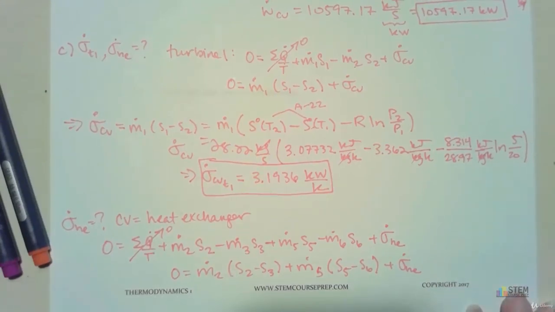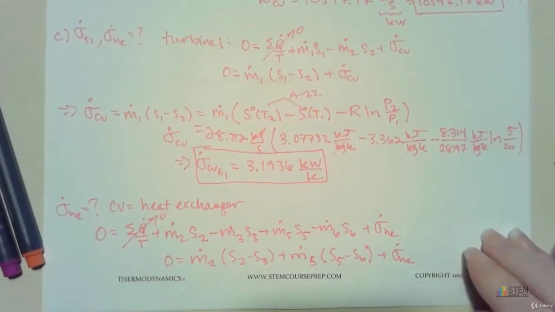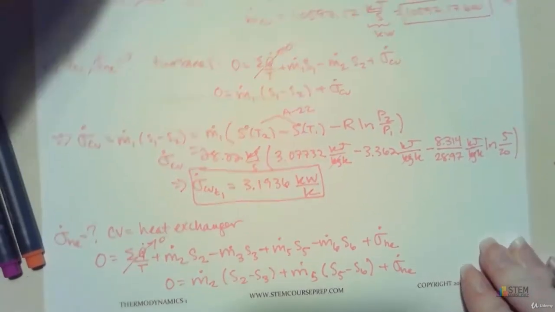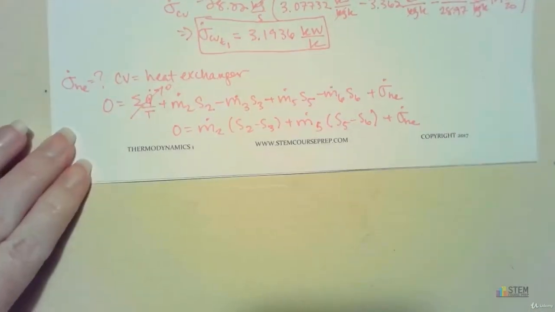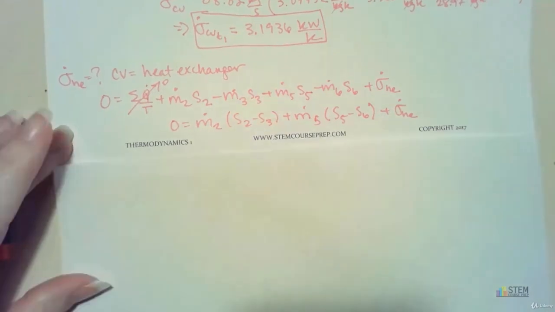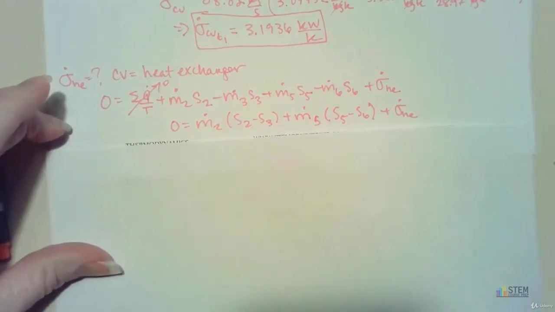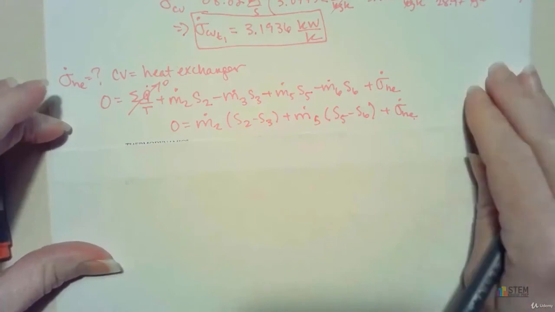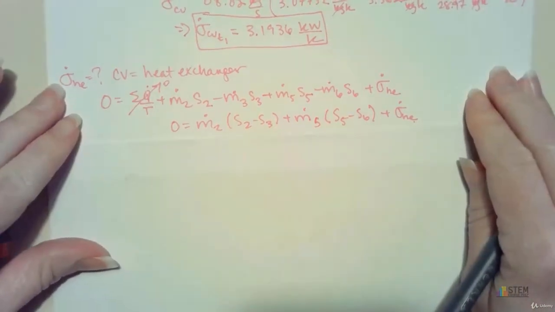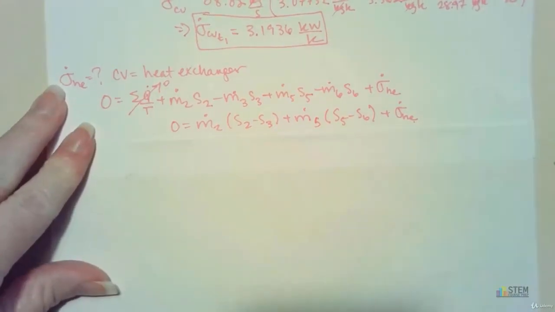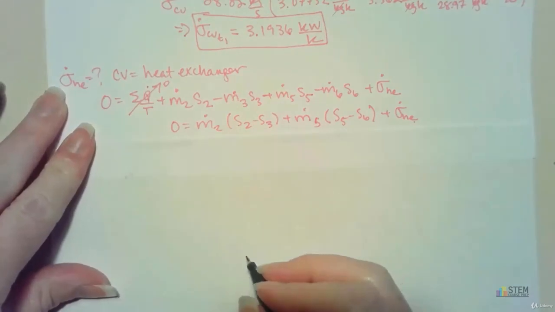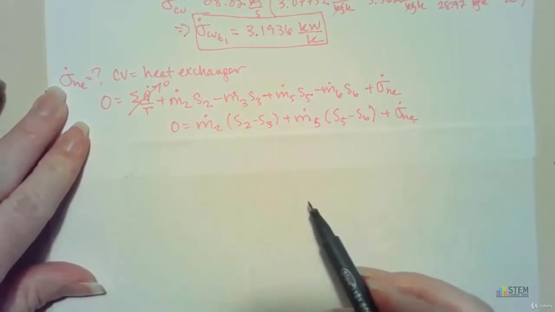Alright, so now that we've got that, I gotta get another piece of paper here. Let's move this up. Now we need to plug in our numbers, and then we can get sigma dot. Alright, so let's go ahead and plug these in.